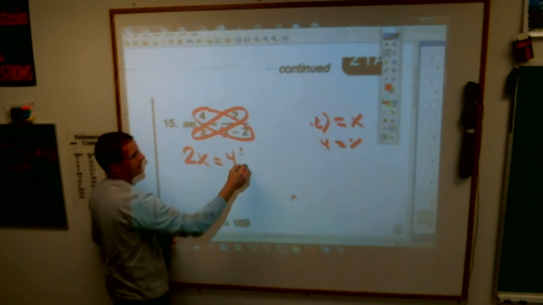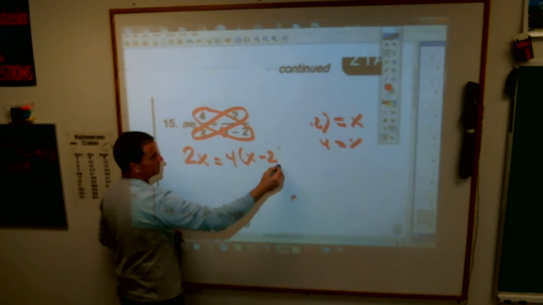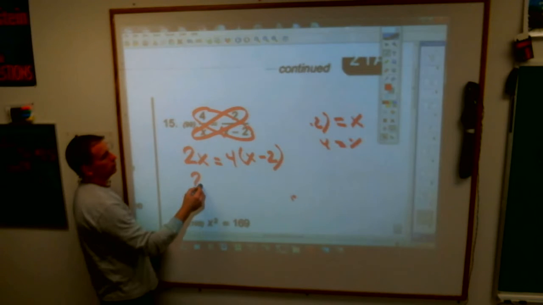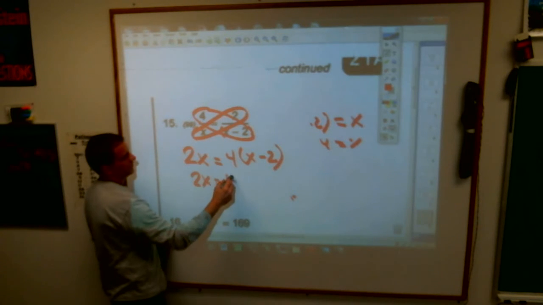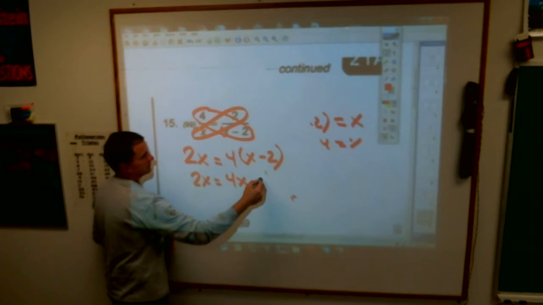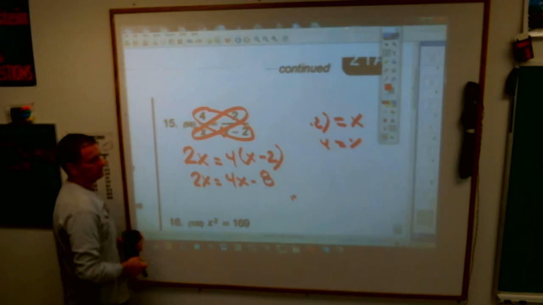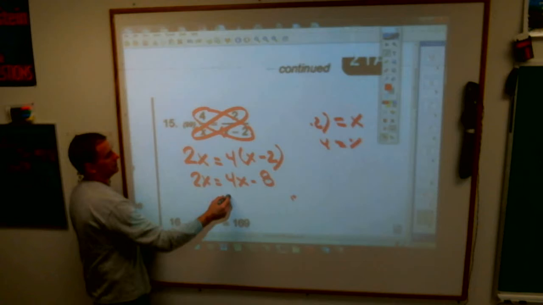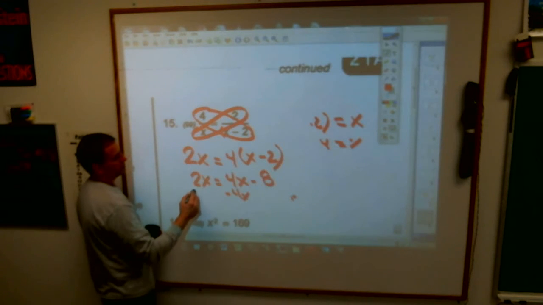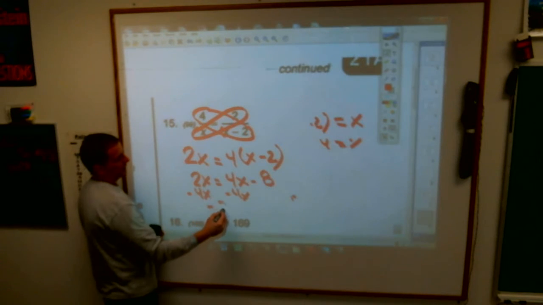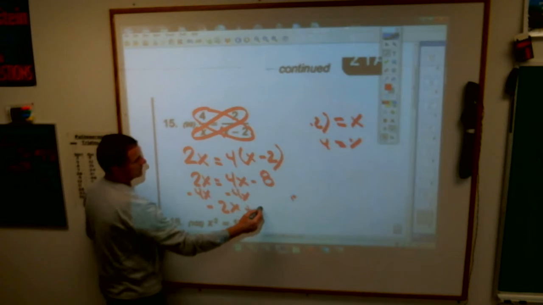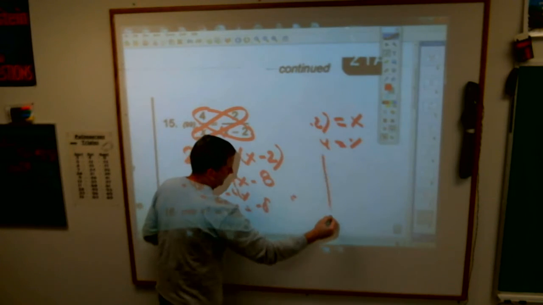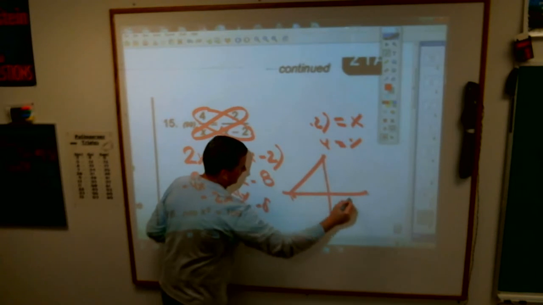It's 4 times x minus 2. Has to be distributive property. So 2x equals 4x minus 8. And then from there it's just solving. Subtract 4x, subtract 4x, negative 2x equals negative 8. Negative 2 goes into negative 8, 4 times.